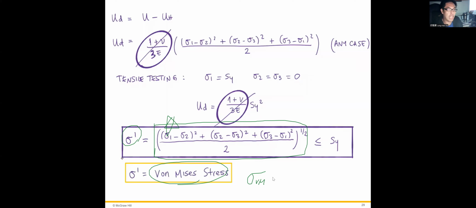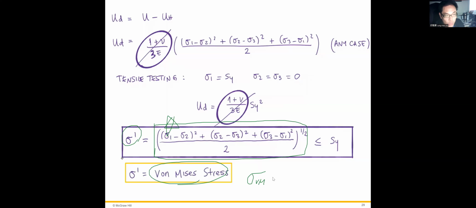Originally maybe this element is subjected to 3D stresses, which is quite complicated, and then we just use the tensile stress to evaluate the 3D stresses.